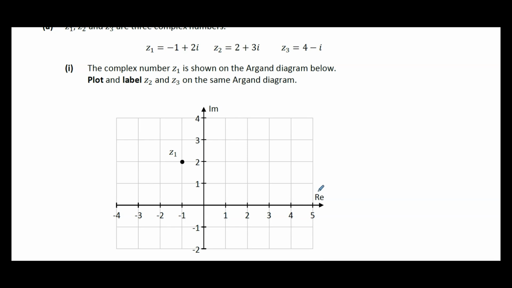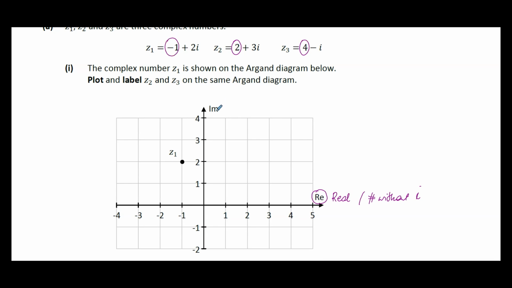On the axis here, you can see Re, that means real, that means a number without i. And that is always your first number. So in this case, that will be 2 or that will be 4, or in the case of Z1, -1.